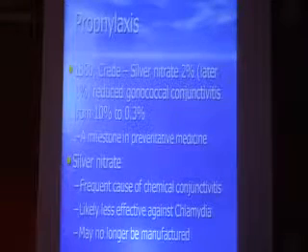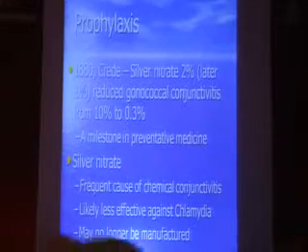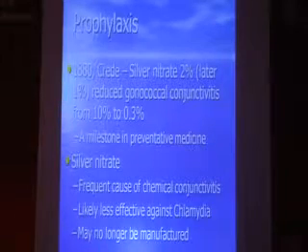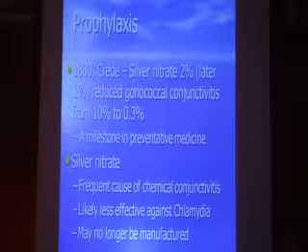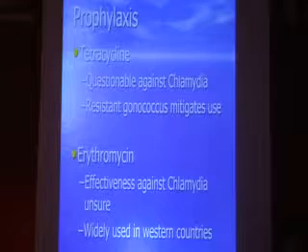This was a milestone in preventive medicine, one of the first great milestones preventing disease ever in history, and it was done in ophthalmology. Silver nitrate was a frequent cause of chemical conjunctivitis, less effective against chlamydia than other medications, and that said, it's no longer manufactured.